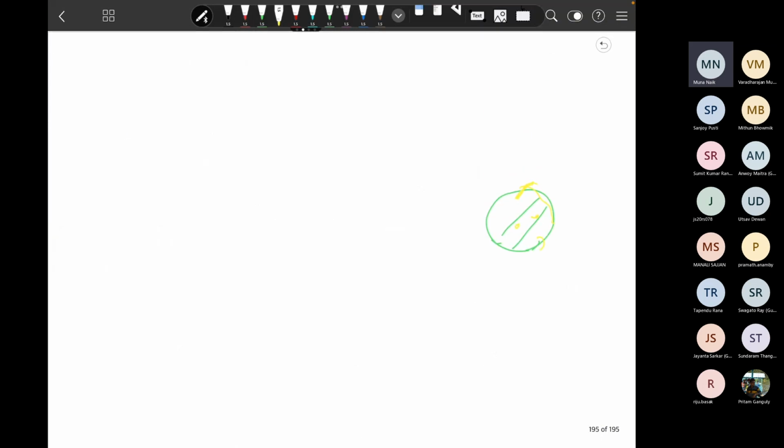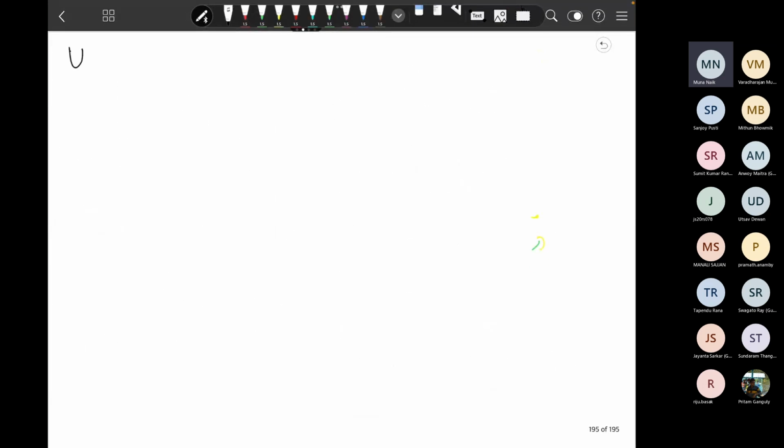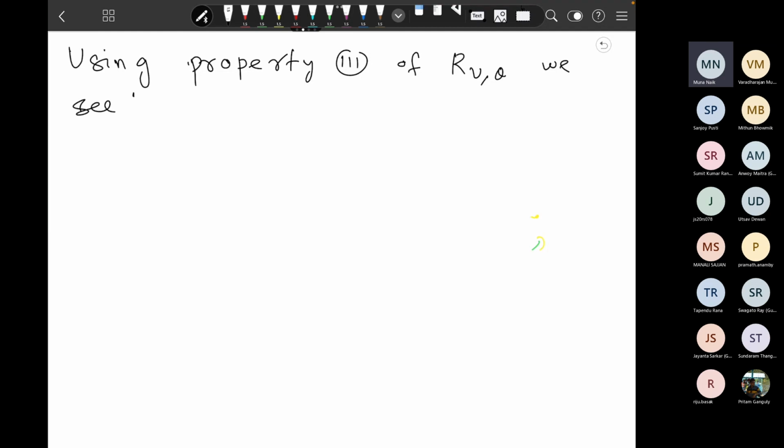So using property 3 of R_B(theta), you see that f tilde from RP3 to SO3 is one-one.